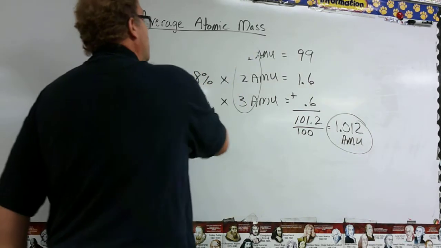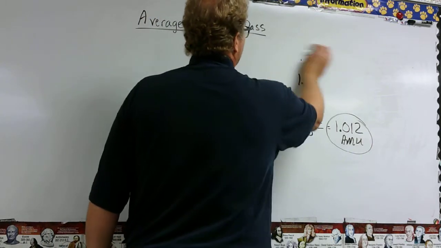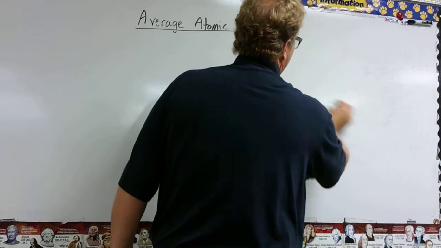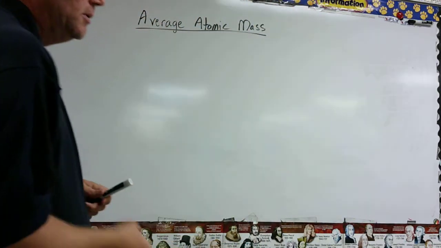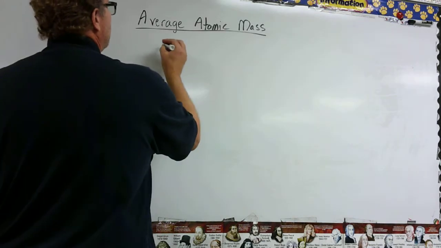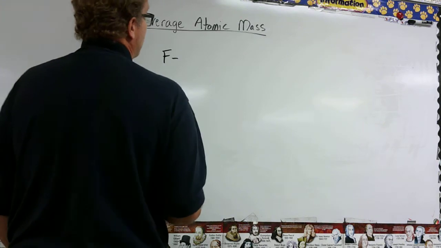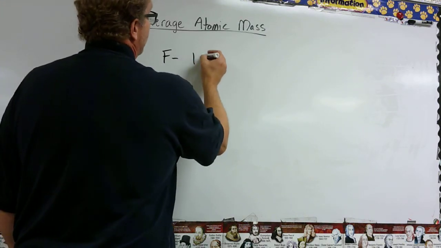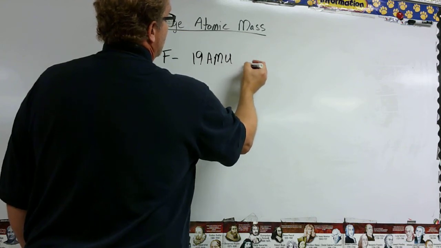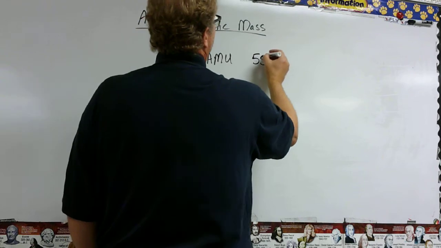Now let's go ahead and do one last one. Again, these are all the same procedure. It really doesn't matter what you're looking at. Let's go with fluorine. Element number 9, but we're not really concerned about that. My mass is going to be 19 AMU, and let's say my percentage is going to be 55%.